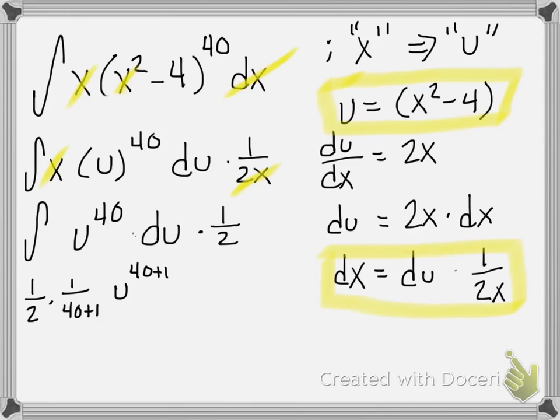Alright, and since we get a du by taking the derivative, whenever we do the integral, the du is just going to disappear. So that should be equal to u to the 41 over 2 times 41, which is going to give us 82.